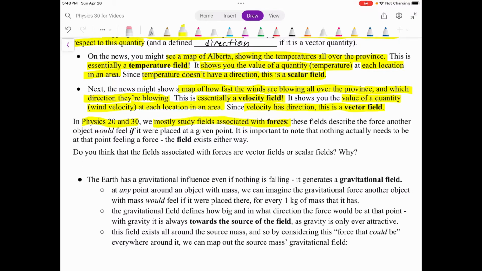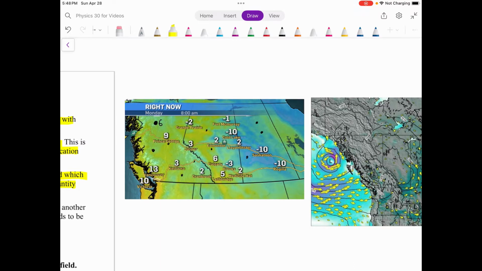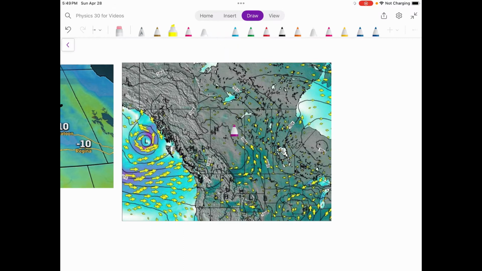So we're mapping out an area with respect to the force that an object would feel if we put it there, right? So again, this shows you what the temperature would be like if you were standing there or there. This field shows you how hard and in which direction the wind would be blowing you if you were living here or anywhere on the map, right?